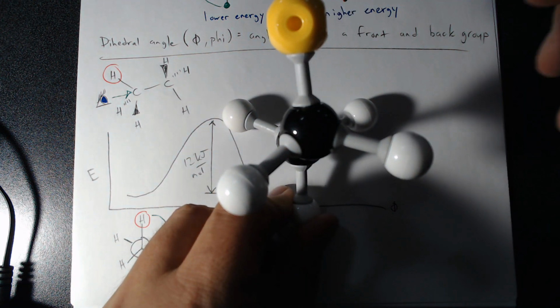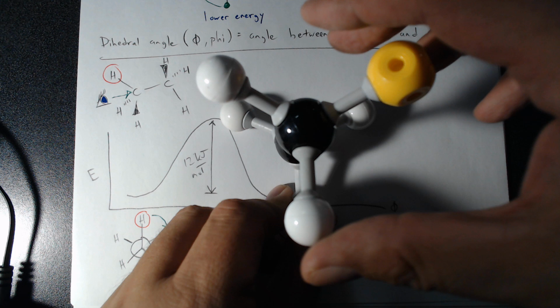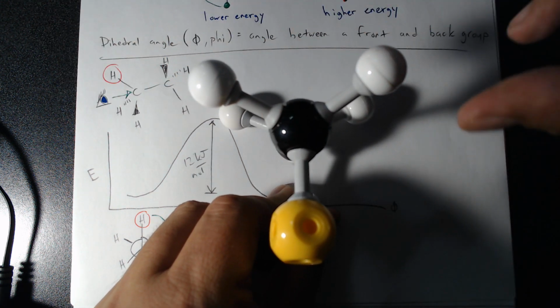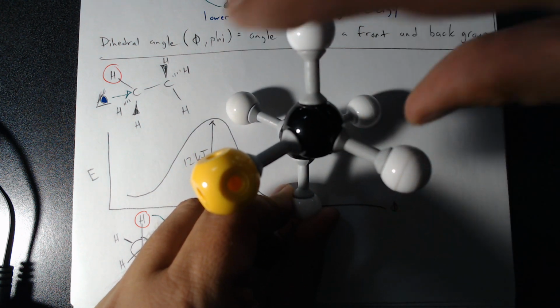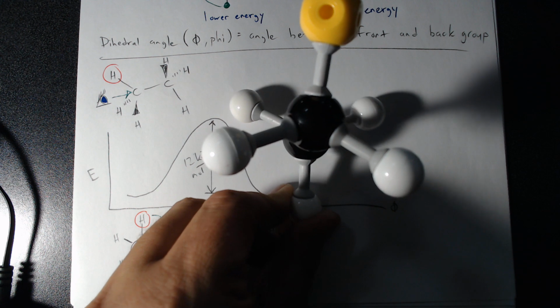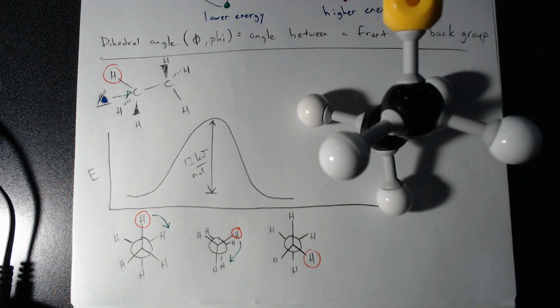So we have the starting point. There's one eclipsed conformation. Here's the next staggered. Next eclipsed conformation. Next staggered. Next eclipsed conformation. Full bond rotation. So it has to do that 3 times. So for full bond rotation, it would be 36 kilojoules per mole.